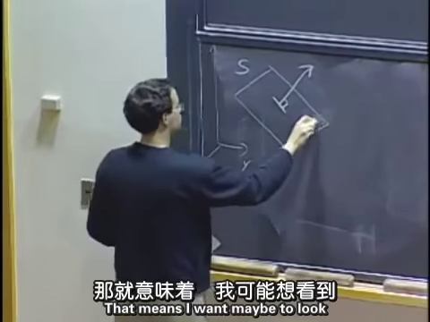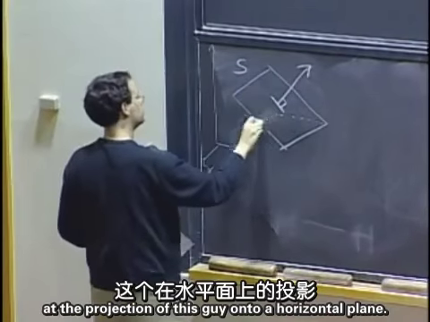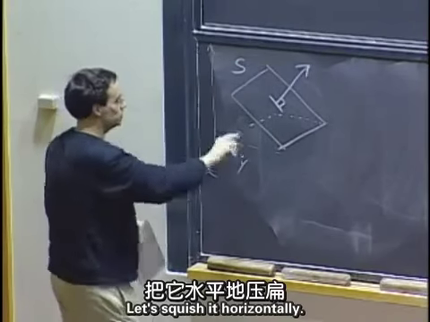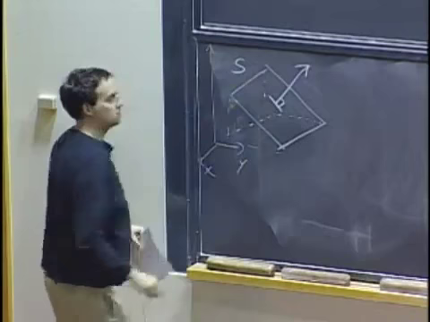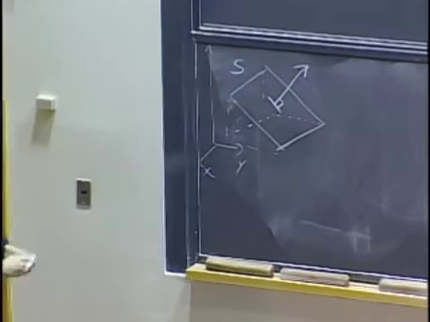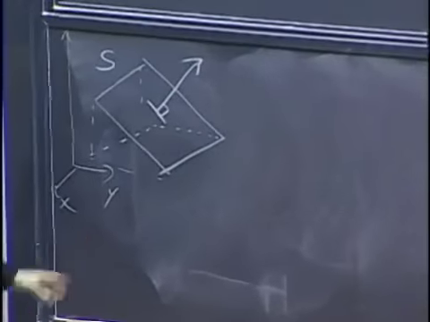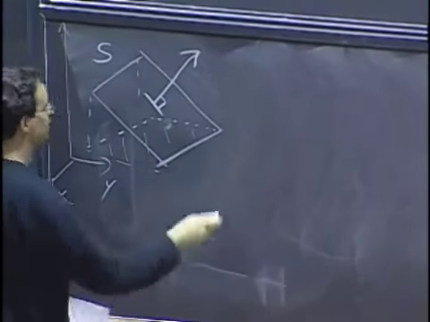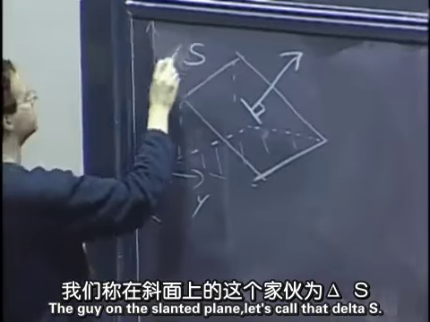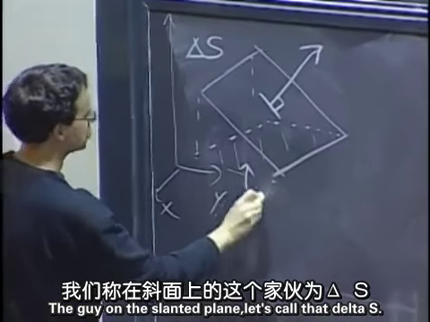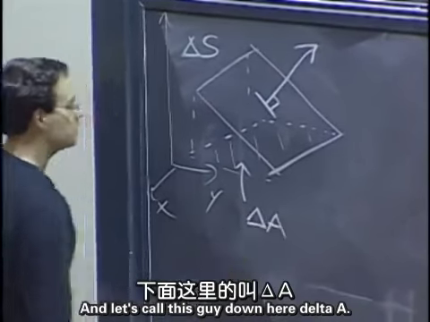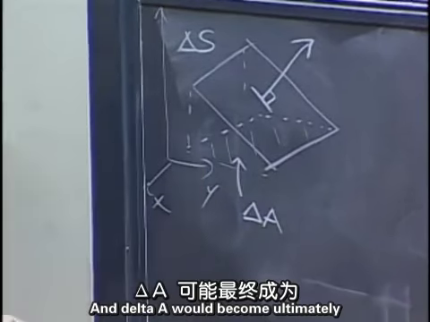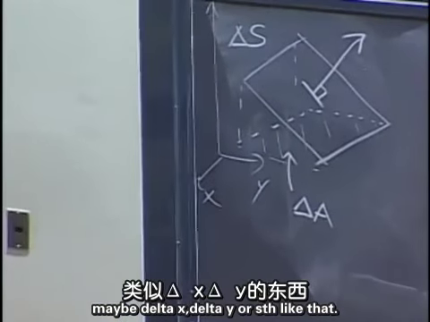That means I want to look at the projection of this onto a horizontal plane. Let's squish it horizontally. So then you have here another area. The piece on the slanted plane, let's call that delta S, and this one down here delta A. And delta A would become ultimately maybe delta x delta y, or something like that.